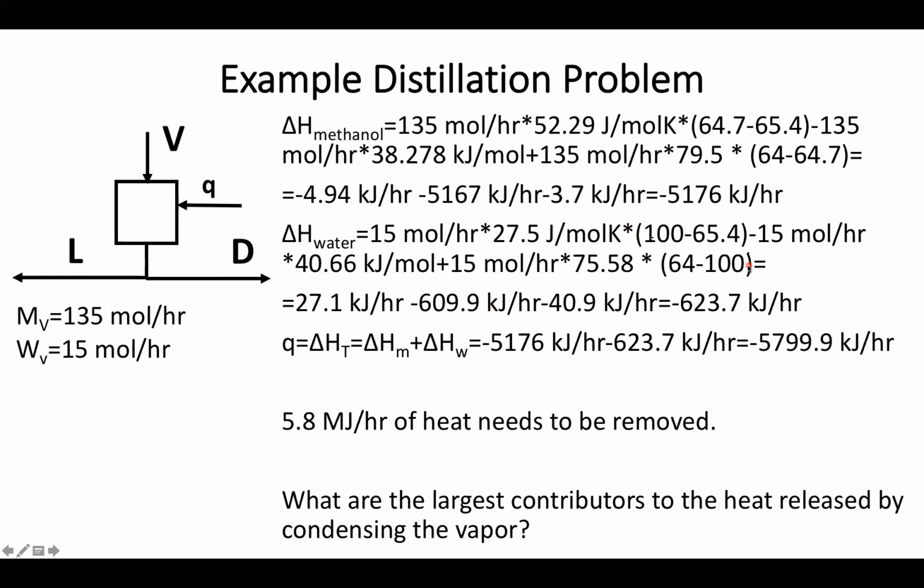So this is a pretty good illustration of how we can use a lot of information about mass balances for an overall larger system to help solve for the design requirements of a single component, in this case, specifically a heat exchanger. So this brings us to the end of energy balance.